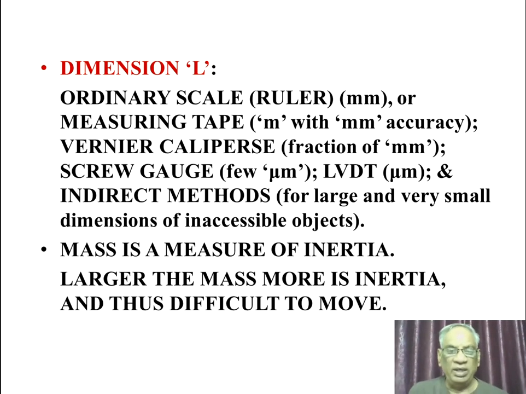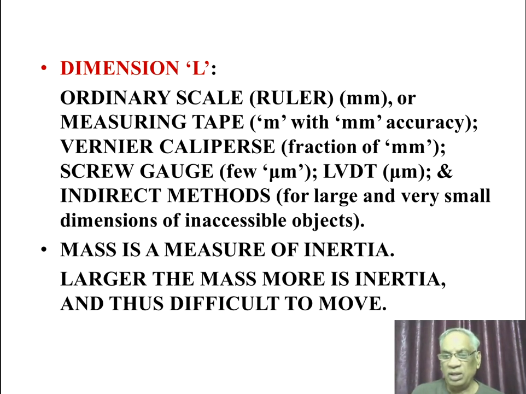And then the LVDT, linear variable differential transformer. Here also measurements can be done up to a few microns accuracy. And these are the direct measurements for the length dimension.